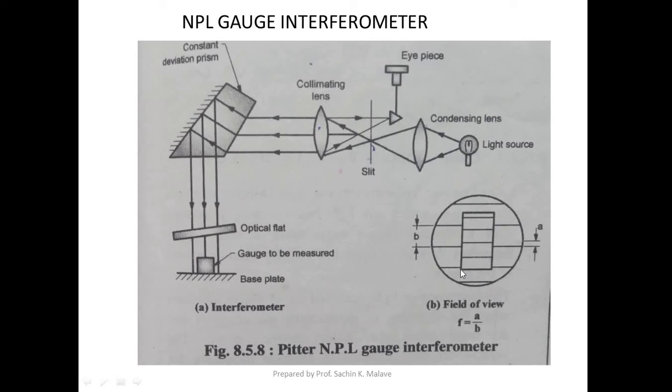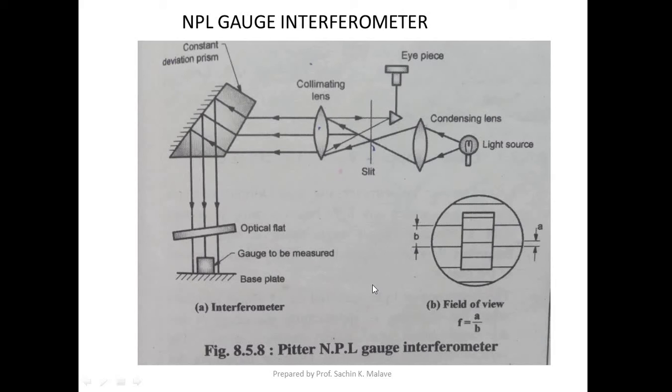Now you can see this is the field of view of the fringe patterns. We have already said that whatever gauge we are using, it is absolutely flat and parallel. So interference bands from the gauge top and the base will be of the same pitch.